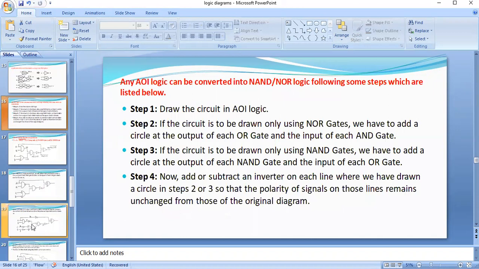The first step is, whatever the expression we have, first you have to draw the logic diagram using basic gates. Basic gates means AND gate, OR gate and inverter. By using these three gates, you have to draw the logic diagram.